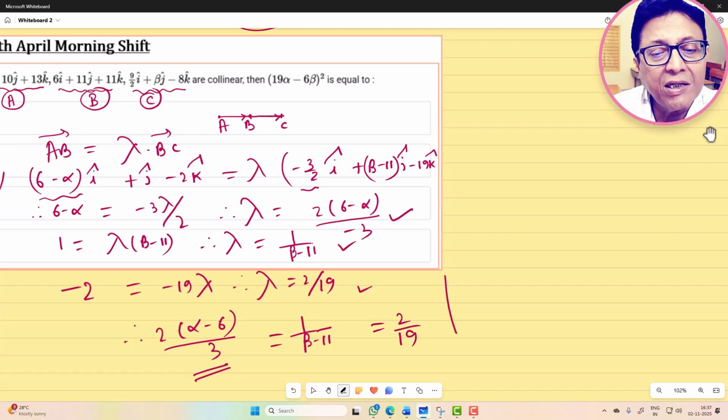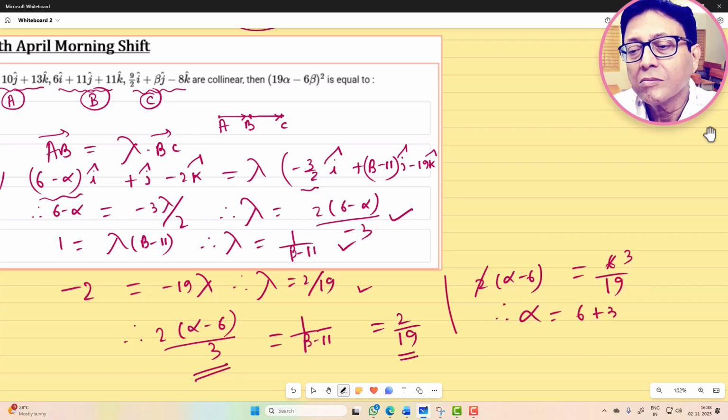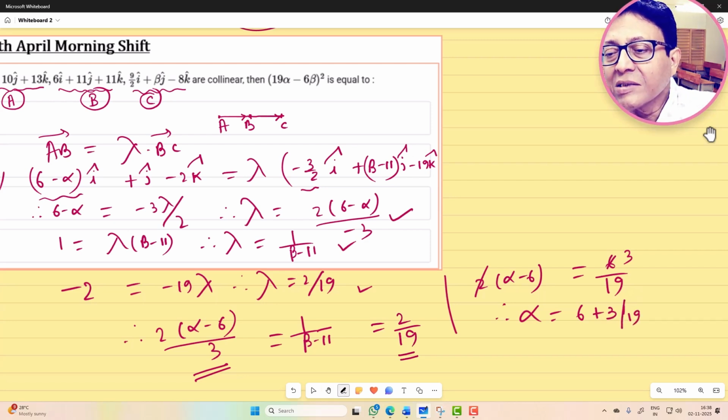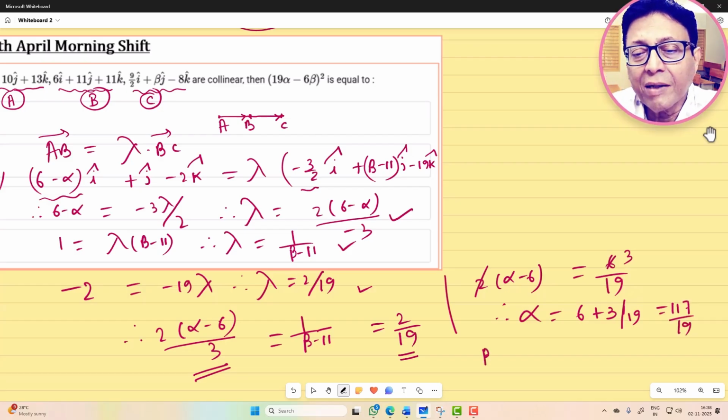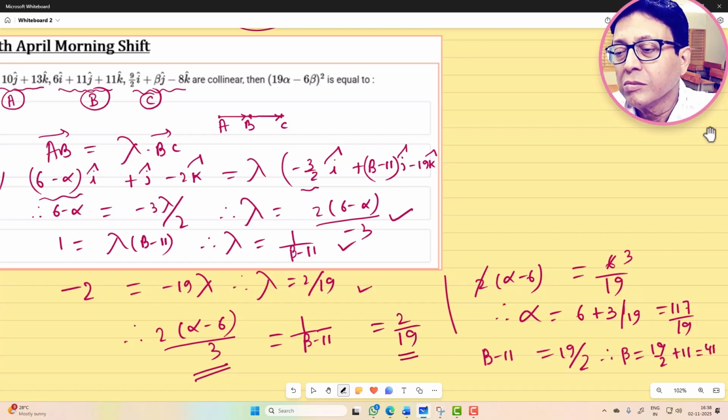So if you consider this and this, 2 into (alpha - 6) equals 6 by 19, you can cancel this. So alpha will be nothing but 117 by 19. And beta - 11 is 19 by 2. So beta will be 19 by 2 plus 11, which is equal to 41 by 2.